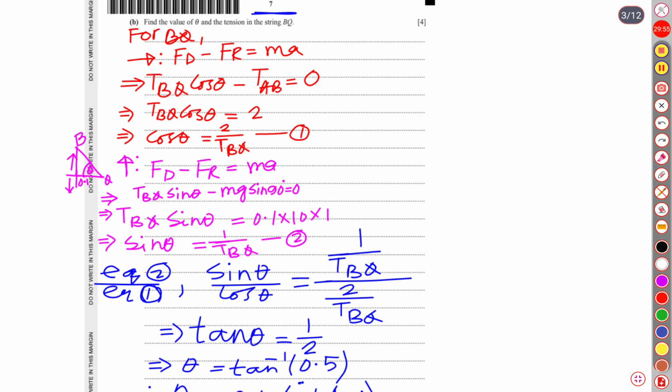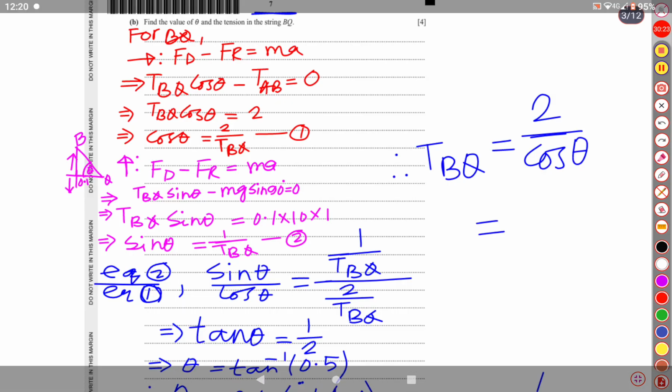So we can write tension, hence tension in the string BQ. Let us see, from any of the equations we are going to pick up the information. Tension in BQ is actually 2 over cos theta. Okay.